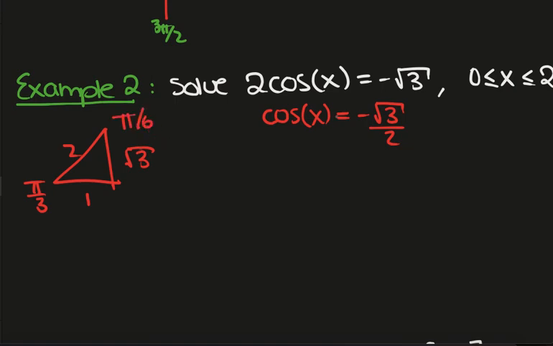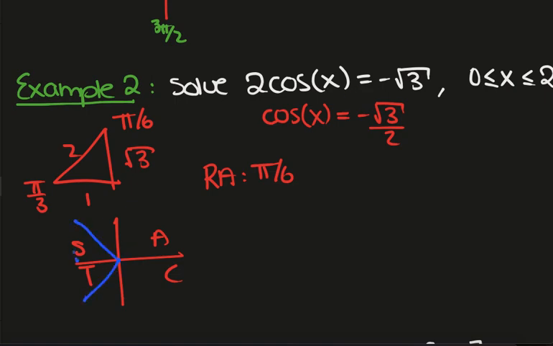And then we see that cos is adjacent over hypotenuse. So the reference angle is again pi on 6. And we draw the quadrants. All Students Talk Crap. And cos is negative in the third and second quadrant, and we always go from the horizontals.